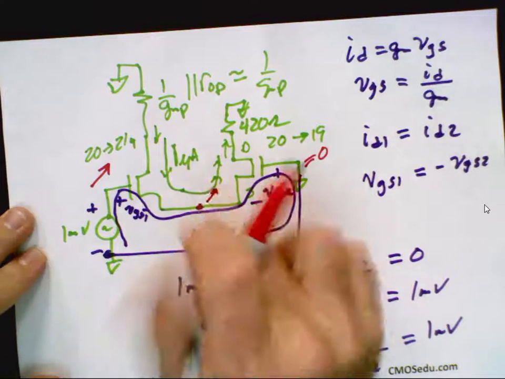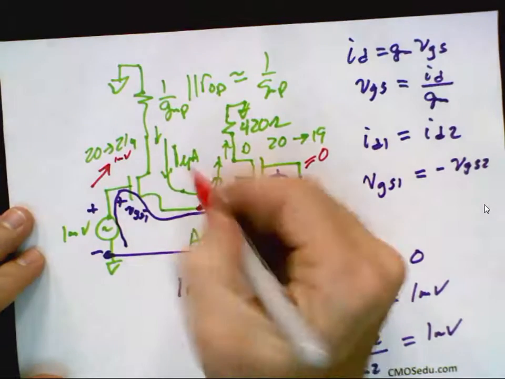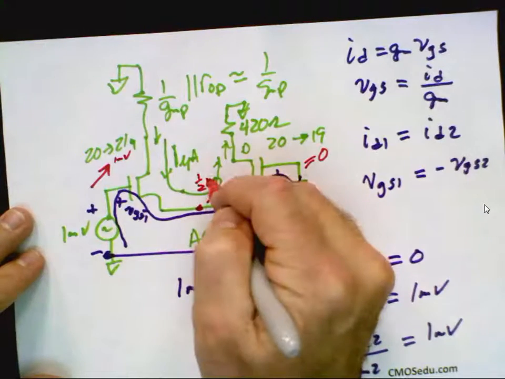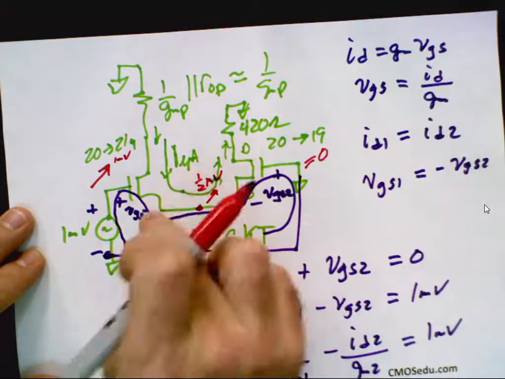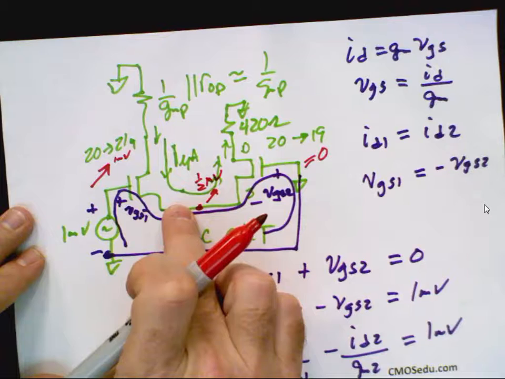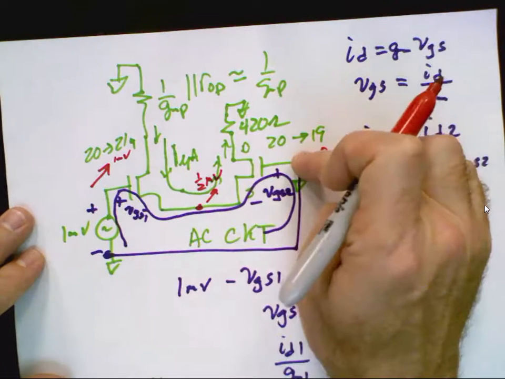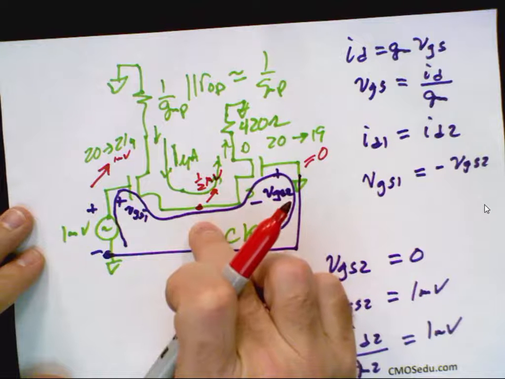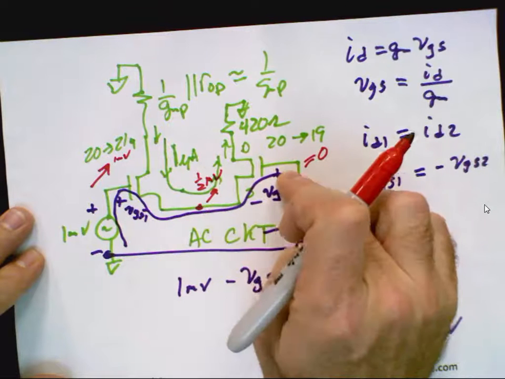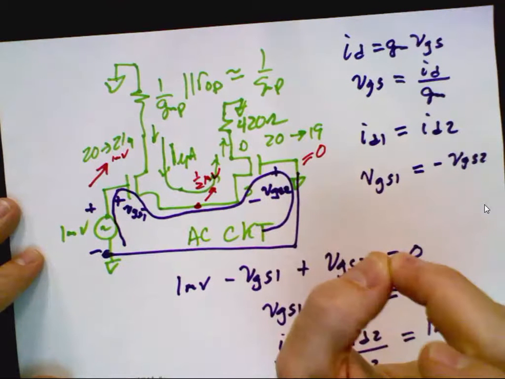If I go up to 1 millivolt, we'll put the actual numbers in a second. This will go up to 1/2 millivolt, meaning the VGS here is 1 millivolt minus 1/2 millivolt, which is 1/2 millivolt. This is 0 minus 1/2 millivolt, which gives me a VGS of minus 1/2 millivolt. Does everybody follow that?